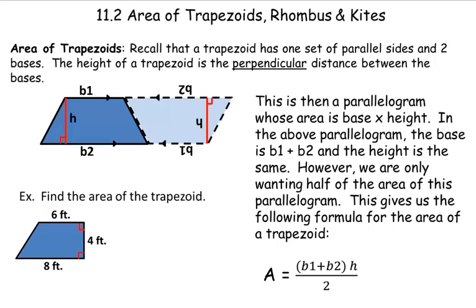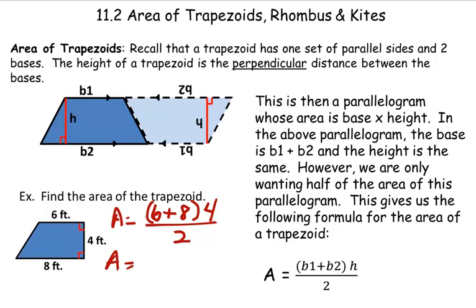Okay, so let's try this problem here, this example, finding the area of the trapezoid. So we've got the area of this trapezoid, base 1, 6 feet, plus base 2, 8 feet, multiplied by the height, which is 4, and divide by 2.